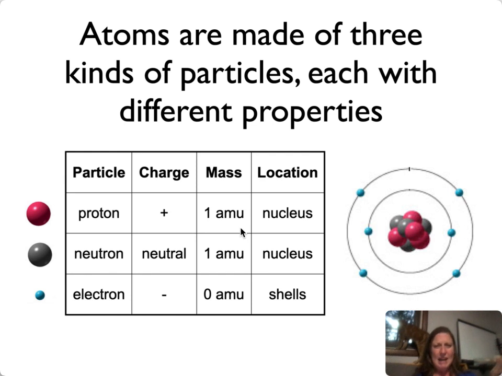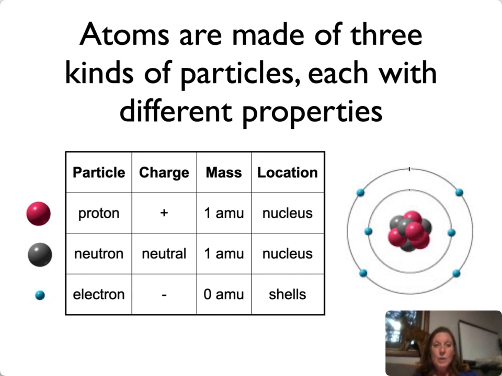What's an atomic mass unit, you say? It's basically like the pounds that we measure our own body weight with. Except if we tried to measure a proton in pounds, the number would be so small, it would have so many zeros before we actually got to a non-zero number that we would be lost. So we make up our own unit of measurement to measure something as tiny as these atomic particles.